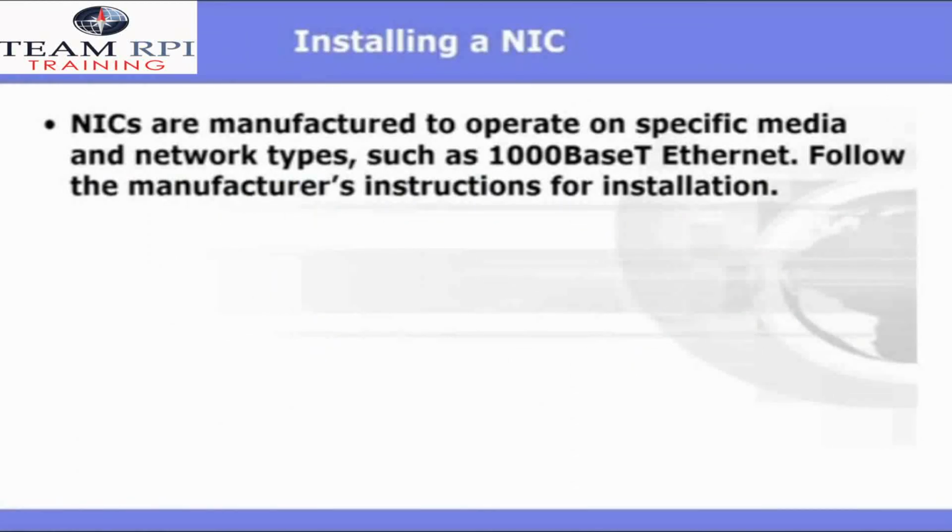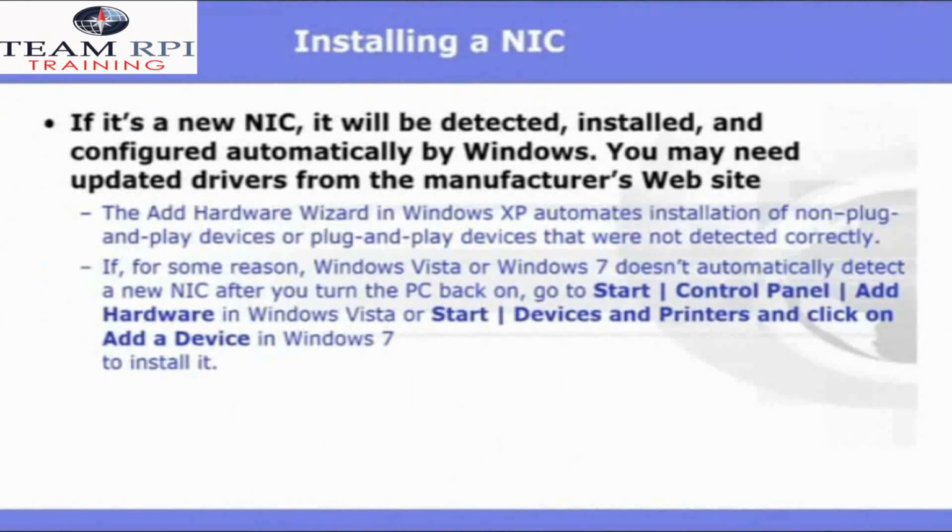NICs are what we call type-specific. They're manufactured to operate on a specific media and network type, such as 1000BaseT Ethernet. If you've installed a new NIC, it should be automatically detected by any of the Windows operating systems.